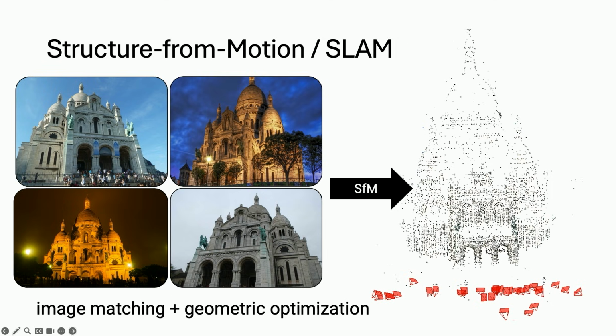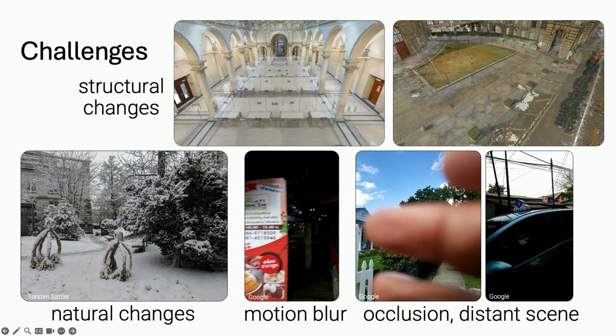Both of them turn images into camera poses and a 3D model of the environment. Most SFM methods rely on image matching and geometric optimization, while SLAM is more about tracking, but in the end, they all rely on backend optimization and state estimation.